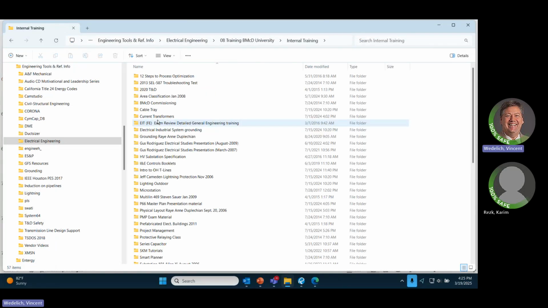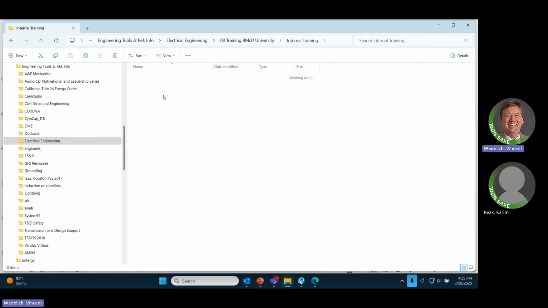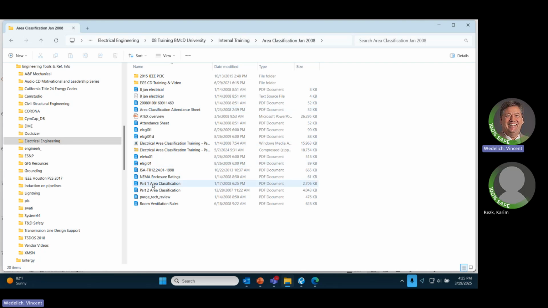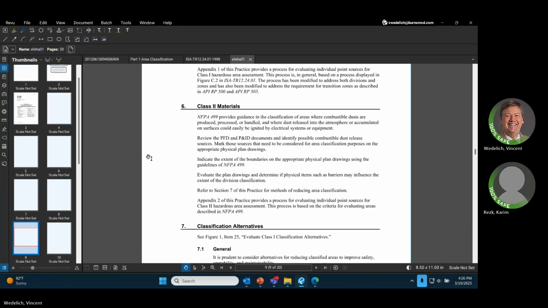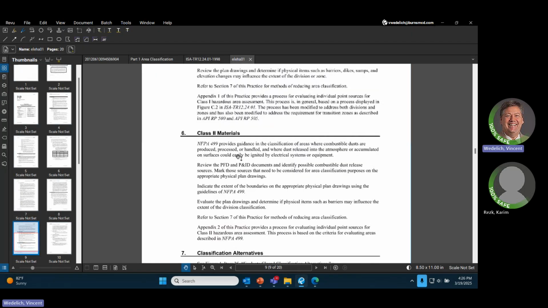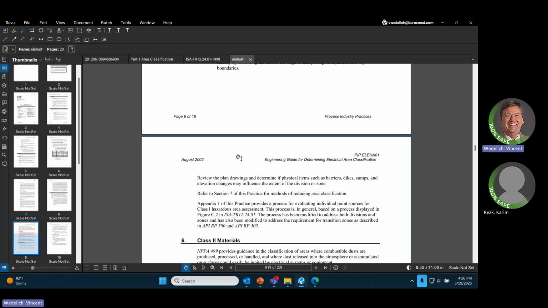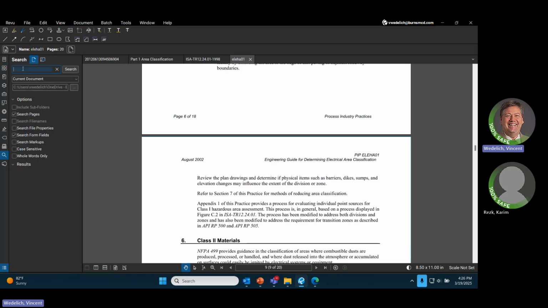Kernel training, area classification. Now, if I look at this one and I look at purge technology, rooms, enclosures, let's look at this standard right here, plus this standard right here. Let them open up. And let's do control find, release.